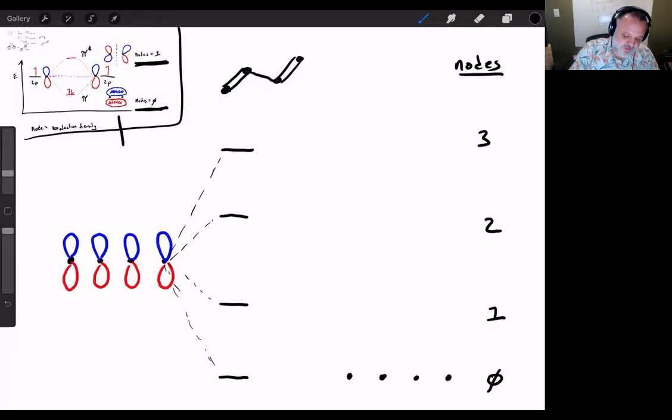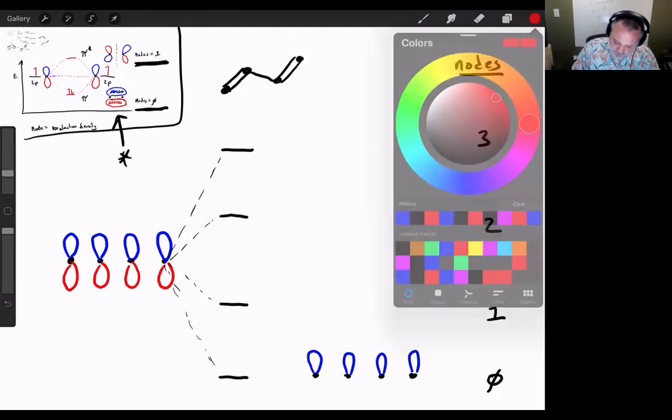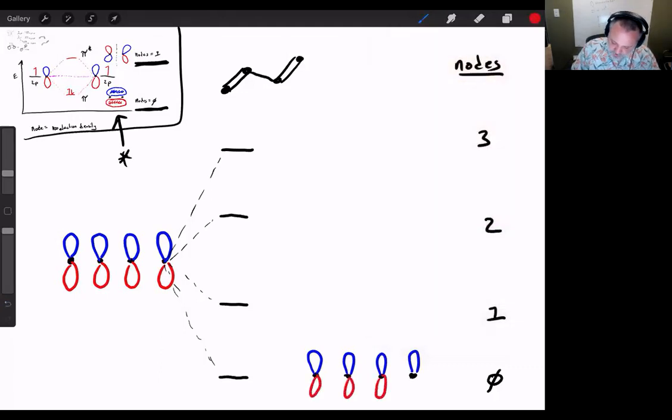Now take a look at the inset. The lowest energy configuration involves all of the p orbitals combining in phase. And that's exactly what's happening in the lowest energy configuration in this molecular orbital as well. 1, 2, I'm going to move it up just a little bit. 1, 2, 3, 4 atoms in a row, combining so that each p orbital lines up in phase with the blue at the top and the red at the bottom.